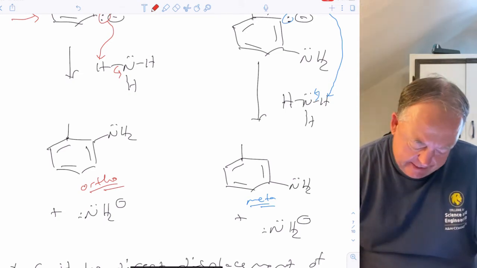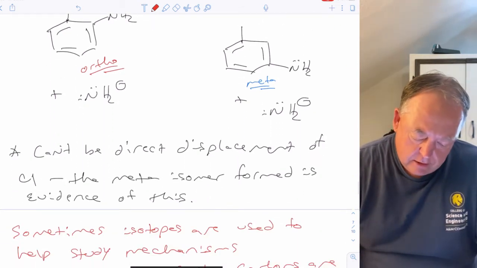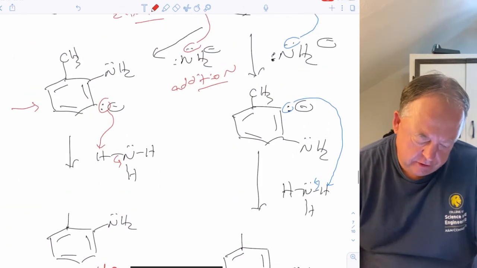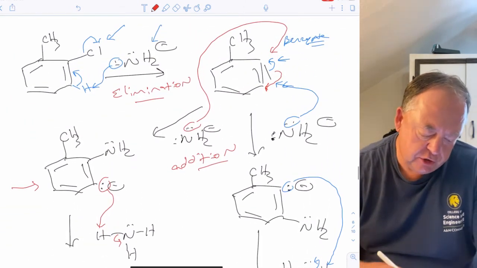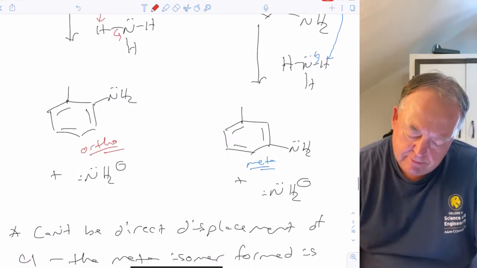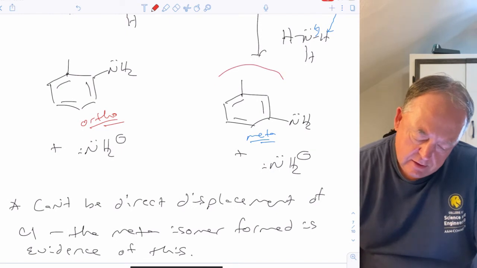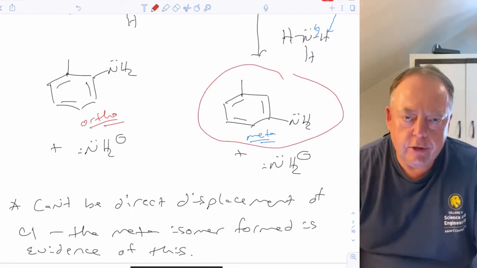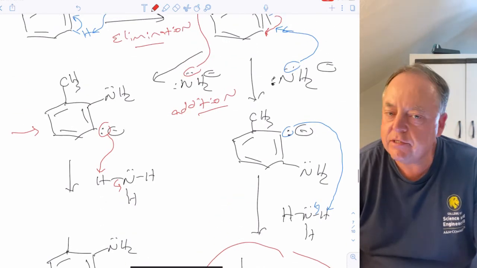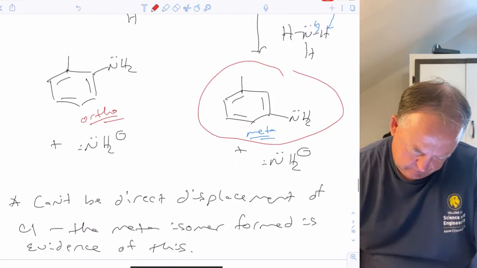Right, so that's a clear indicator that there's not a direct displacement of the chlorine. Because if you just had a direct displacement of the chlorine, since you started with ortho, you would expect to end with ortho. But the fact that you can make this meta isomer indicates that there's not a direct displacement of chlorine, so that would be an indicator that maybe this benzyne mechanism is correct.